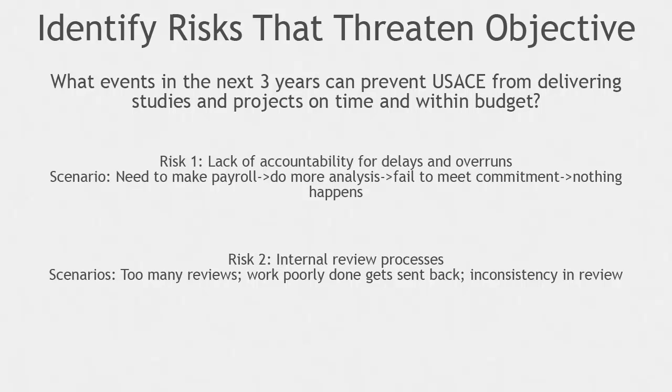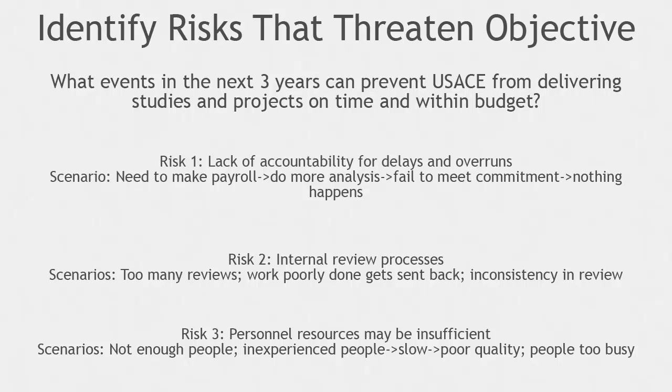A second risk is the internal review process. The harm is the same. Scenarios include too many reviews, work poorly done gets sent back for fixing, and inconsistency in review that results in earlier agreements being upended. A third risk could be insufficient personnel resources.